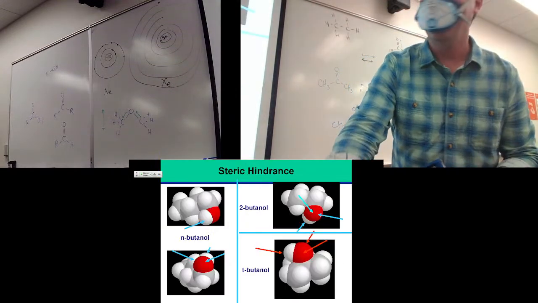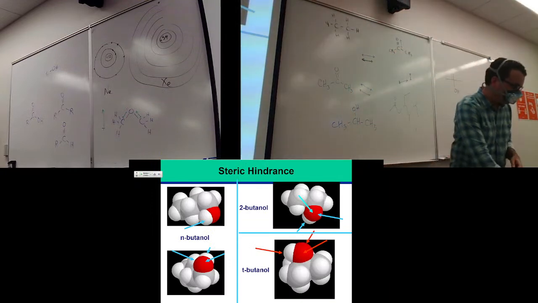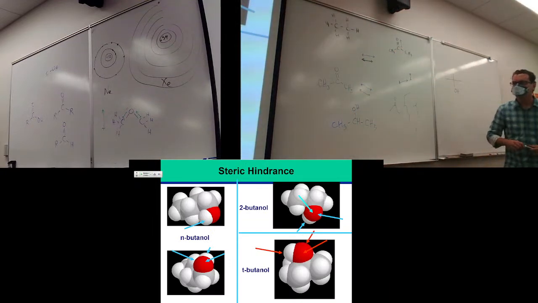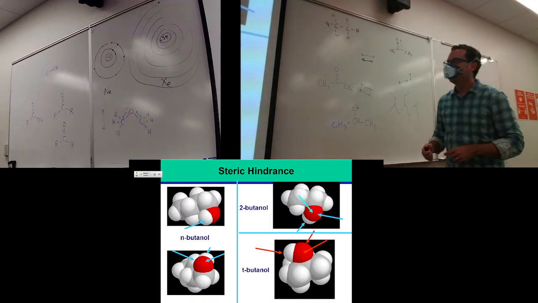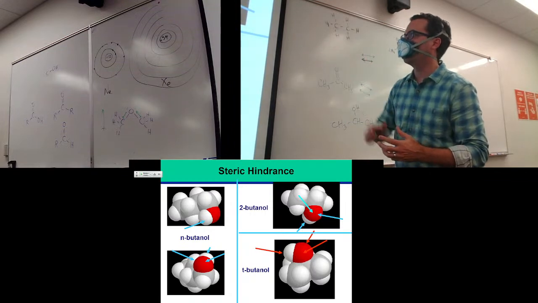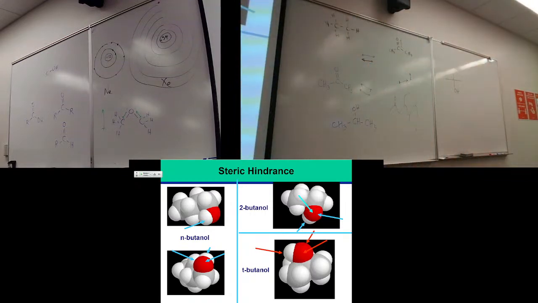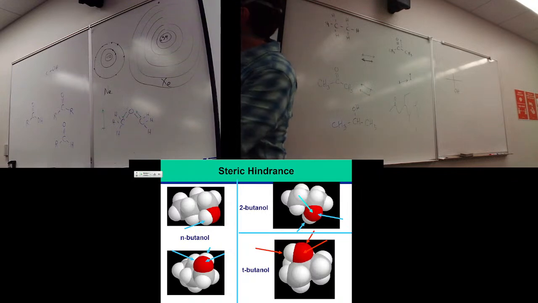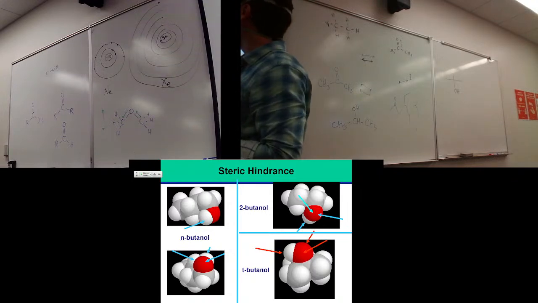Okay. So space filling models are a little bit helpful when you want to see the steric hindrance. I'm not sure that they're the best without having the ability to rotate it yourself. But here is the first one, the N-butanol, where there's a lot more accessibility to this OH group. A molecule of the same kind can come in from a lot of different directions.